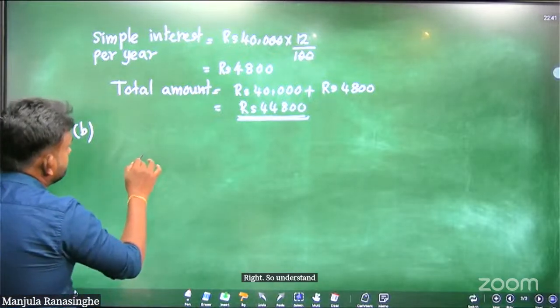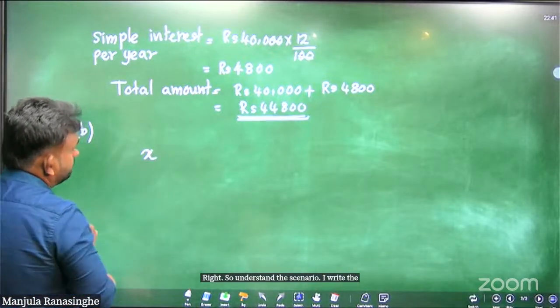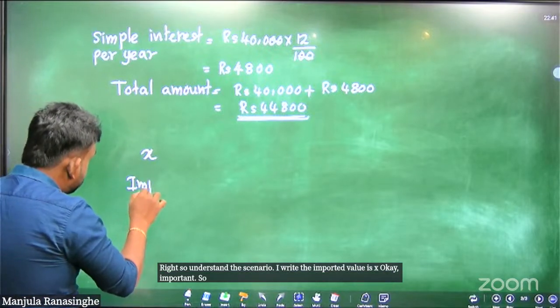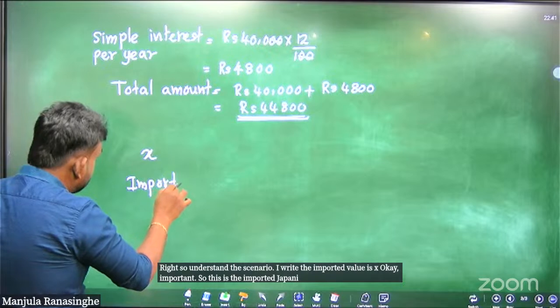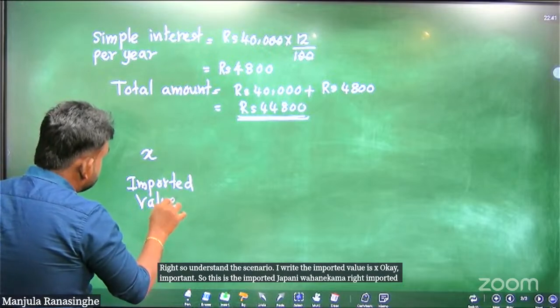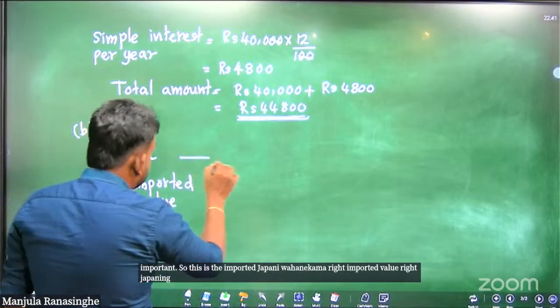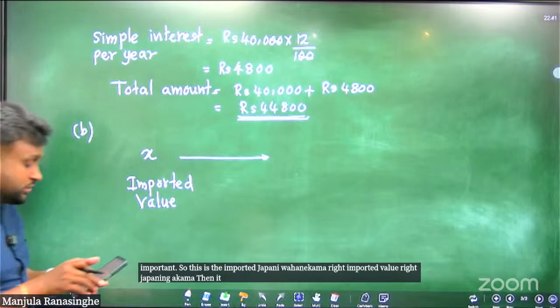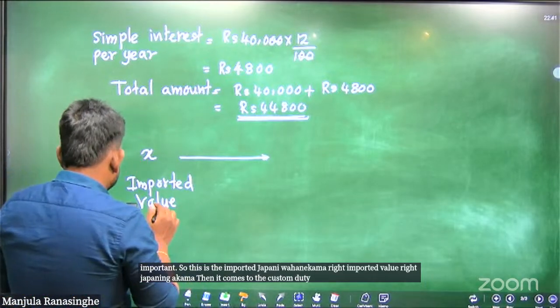I write the imported value is X. This is the imported value of the vehicle. Then it comes to the custom duty, right? Then on the imported value, a custom duty of 25% is added.